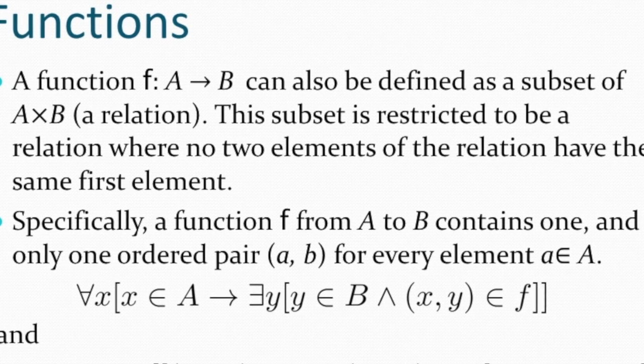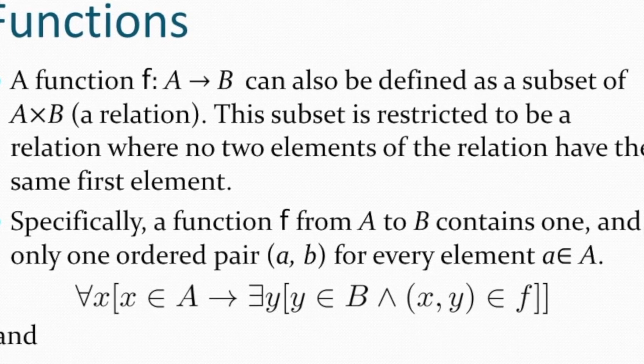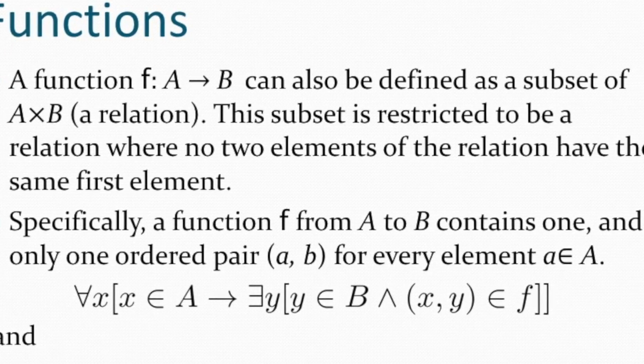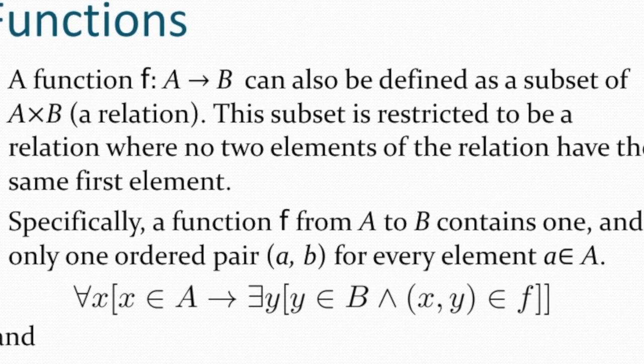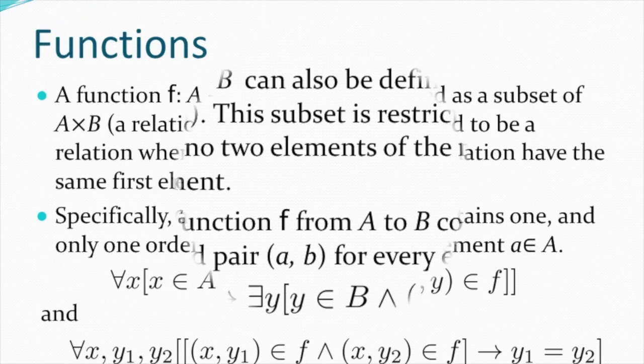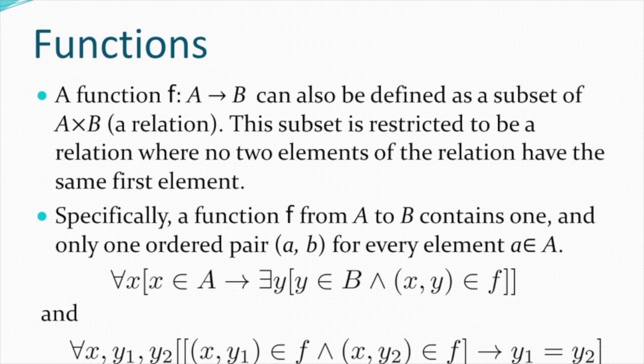Now let me give you more definitions and then we will describe in examples what we mean by the mapping between those sets. So a function from A to B can also be defined as a subset of A multiplied by B as a relationship.